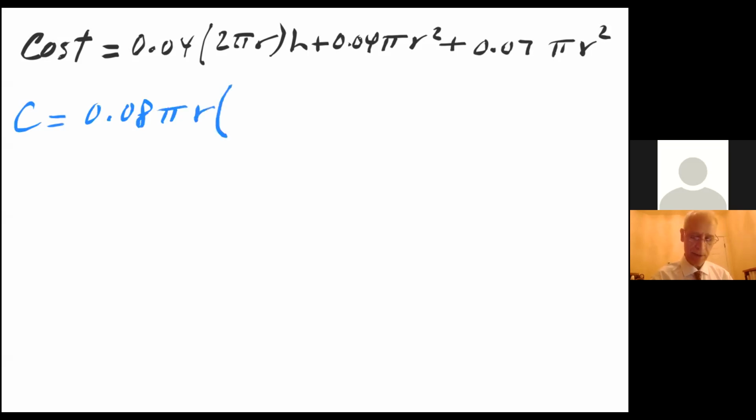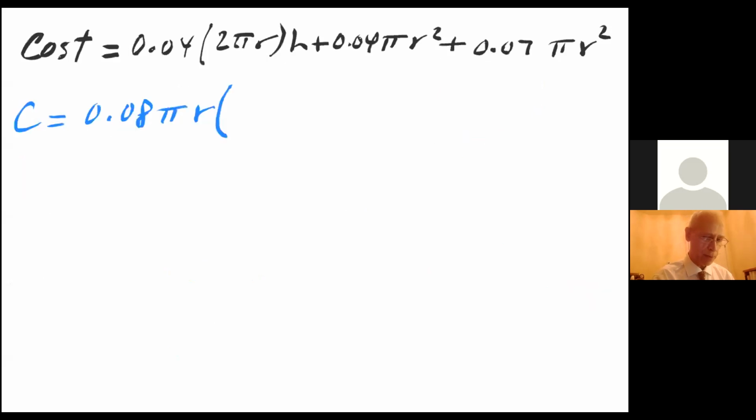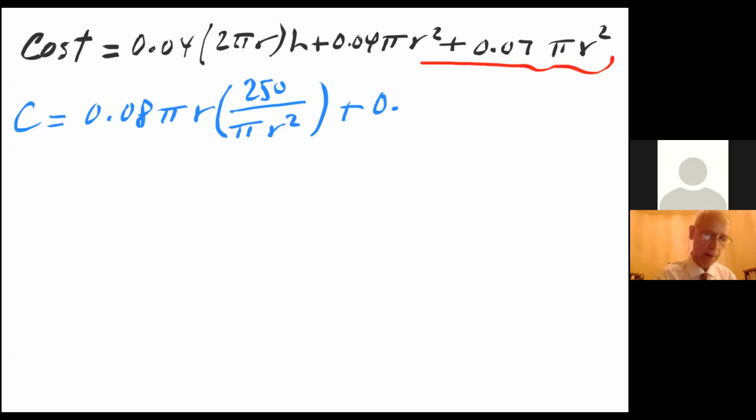And the h on the previous page, we said that h is 250 divided by pi r squared. So 250 over pi r squared, plus, if I add these two together, I will get 0.11 pi r squared.